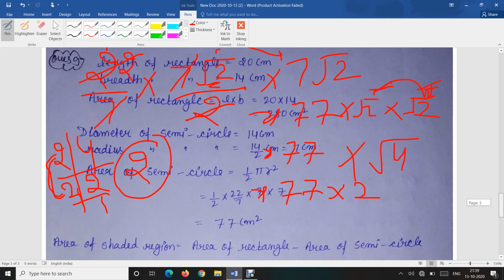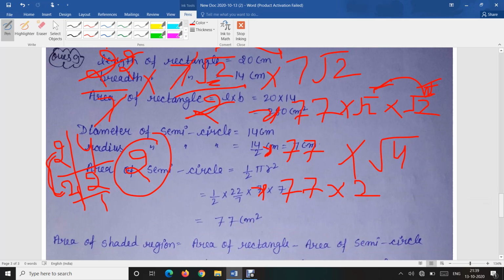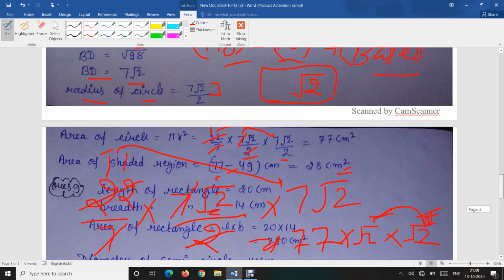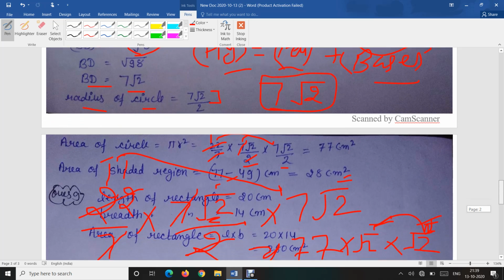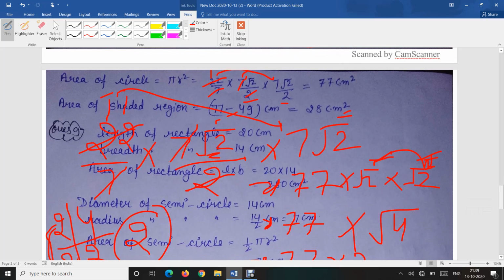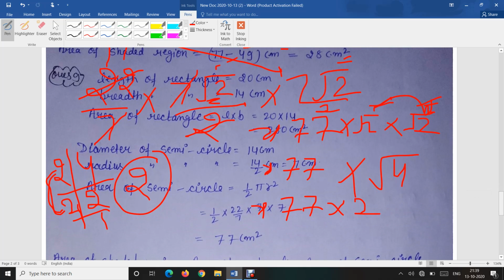Now obviously here are also 2. Now in the denominator you are left with 2. So 77 upon 2, 77 upon 2 and here 77 upon 2. Now this 77 is a whole number, this 2 is a whole number, and also this 2 is a whole number.